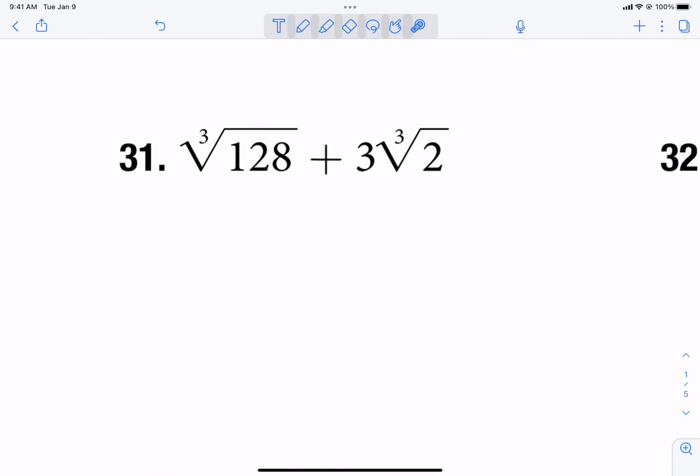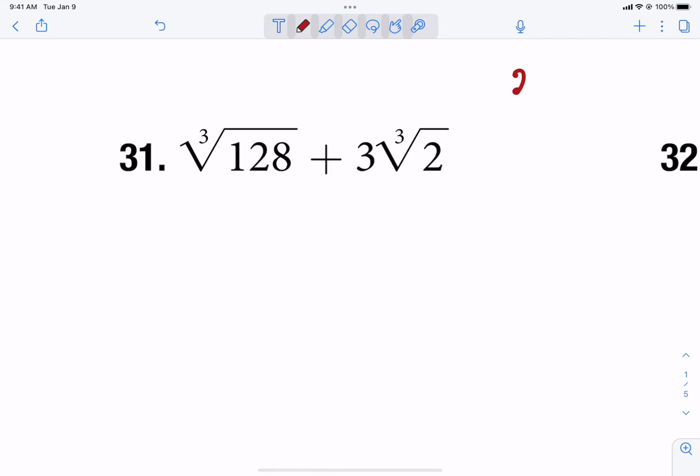Let's look at 31. 31 has that little cube there. You may recall from Algebra 2 that it refers to a cube root. With a cube root, we are looking for something cubed that contains that number.